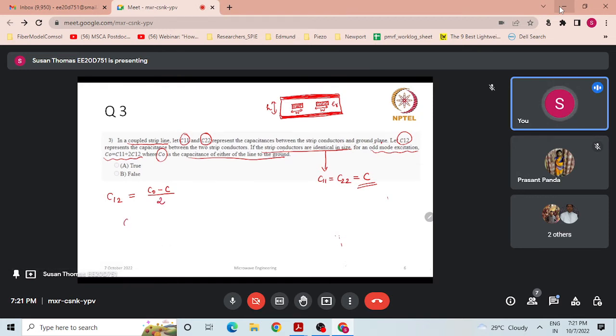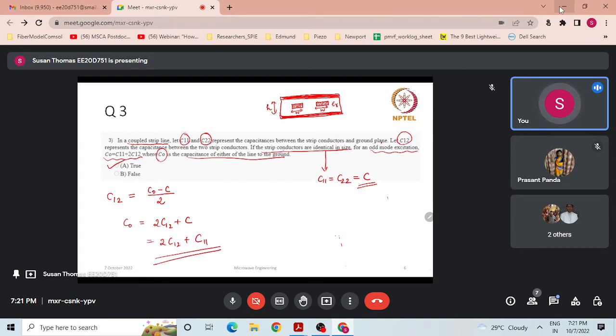So C0 is equal to 2 times C12 plus C, where C can be C11 or C22. So this is a true statement.